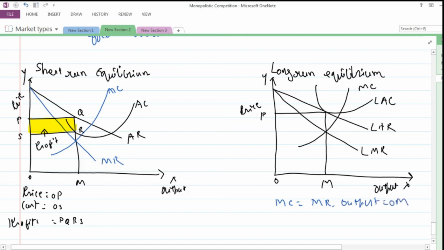LAR, the long run average revenue, and the long run average cost have a tangent at this point as well. The price is equal to the average cost, and there is no extra profit, and only normal profit is earned in this case. So this is the place wherein the long run equilibrium would be established for a particular firm.